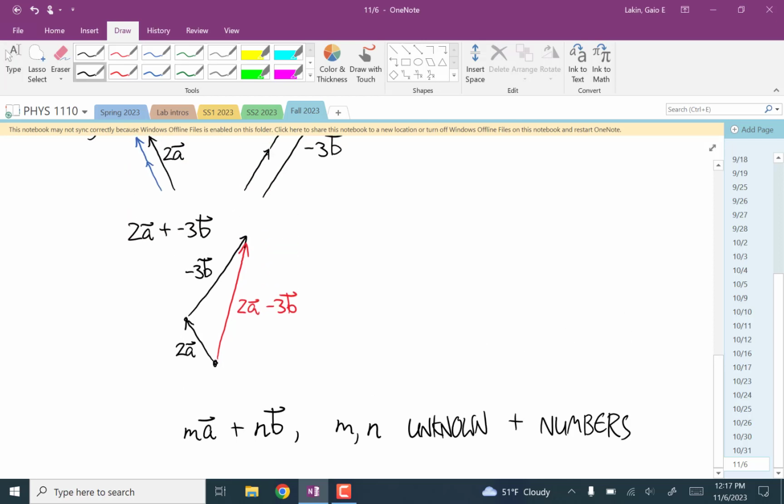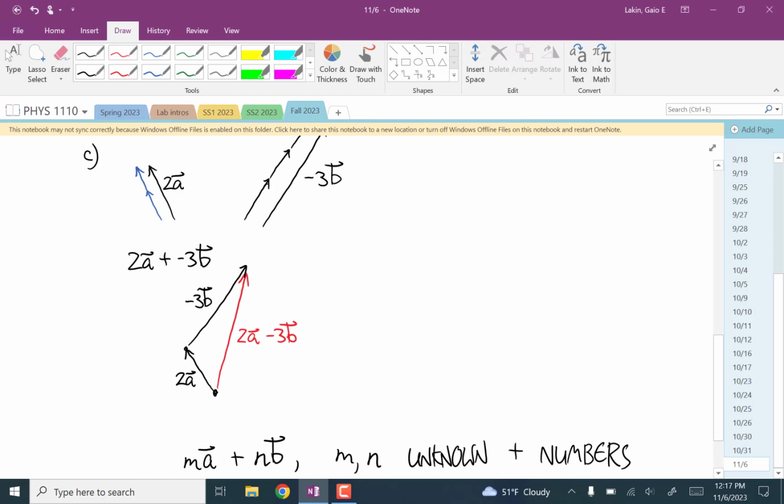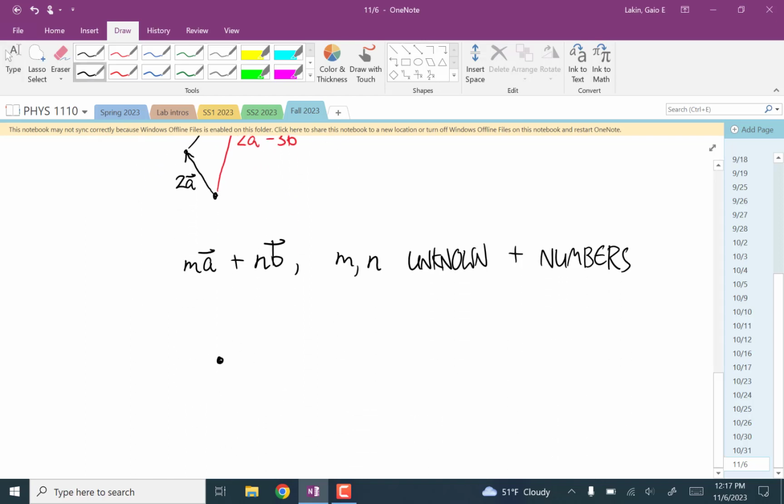For that, you don't think of it as a trip. You think of it as like hands of a clock. So there's the center of the clock. You have one vector in the direction of A. You have one vector in the direction of B. And the answer could be any of these directions in between. Okay?